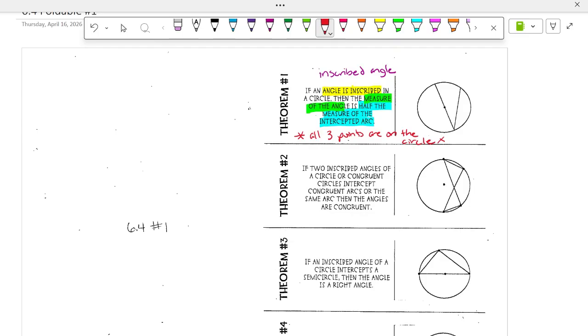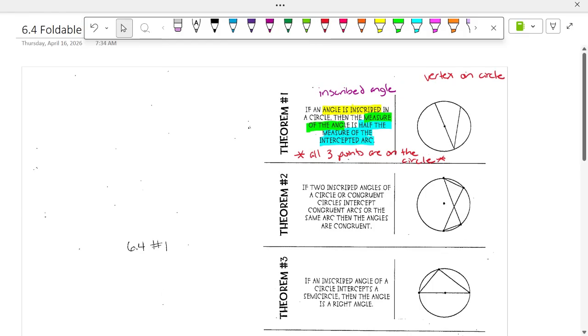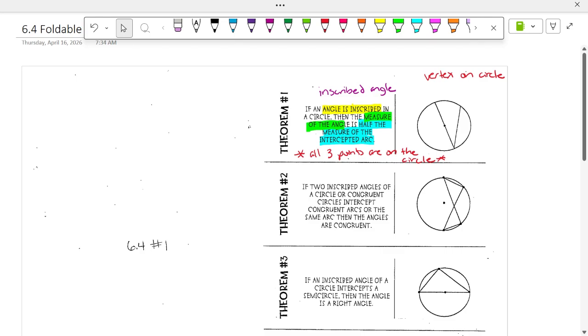Or if you want to get into more detail, the vertex is on the circle. So all 3 points are on the circle. That's typically true. Sometimes there's maybe 1 point that's not, but that's okay. But the vertex has to be on the circle. That's the big key there. The vertex is on the circle itself.